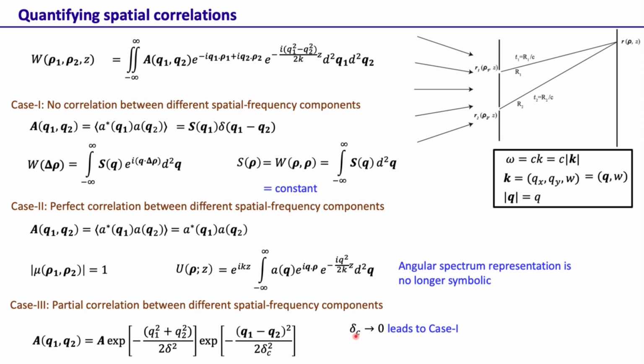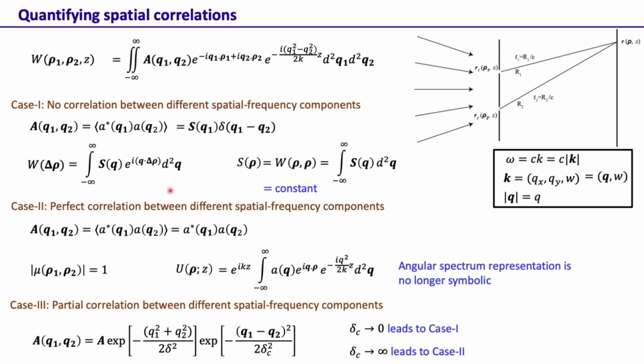When delta C tends to 0, this term is 0, then this becomes a delta function, and this leads to case number 1. And when delta C is infinity, that means when the correlation is perfect, then it leads to case 2. So this is just a representative example of how we can capture all these cases.